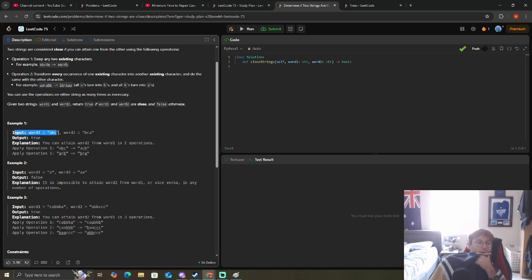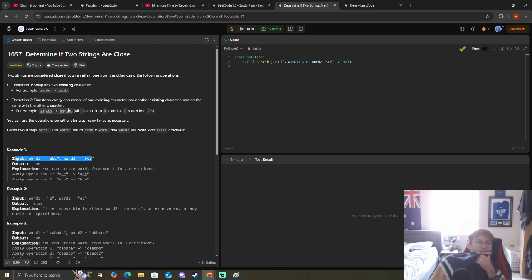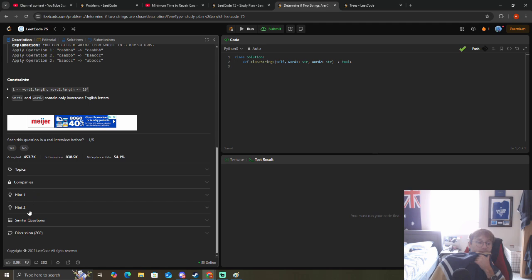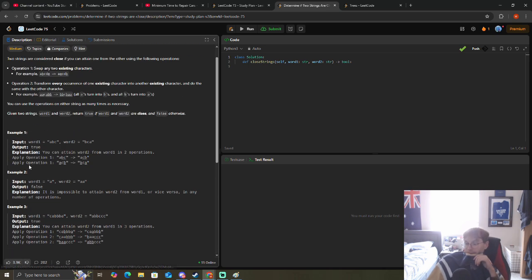I feel like if the word has the same amount of values, then we can keep swapping them and it'll work, and transfer every occurrence of one existing character into another existing character. Right? So I think really all we need to do is check the length and check the values. I don't know if that's crazy, but I think that's the way to go about it.